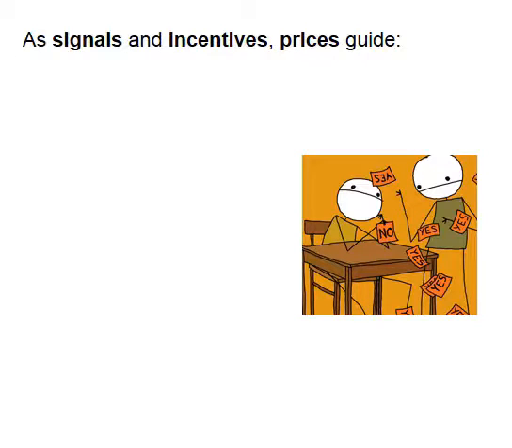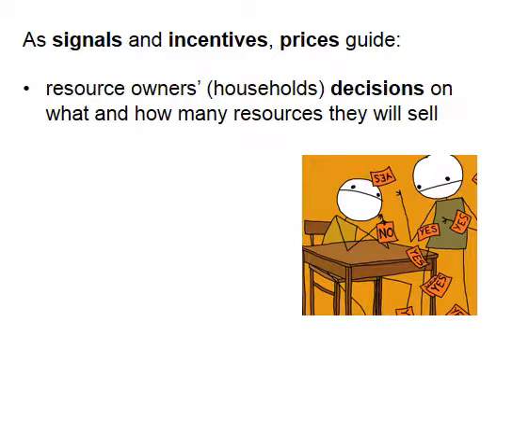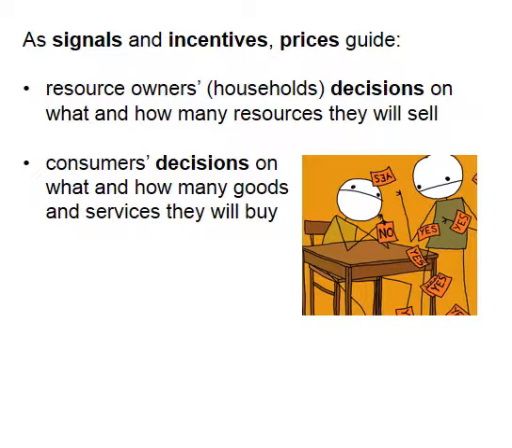As signals and incentives, prices guide resource owners, which we know are the households, in their decisions on what and how many resources they will sell. So let's go back to the concept of sell. It is the resource owners, or the households, that control the capital, entrepreneurship, land and labor, and they determine what and how many of these things they will sell.